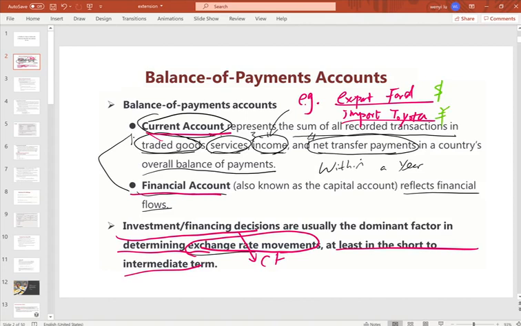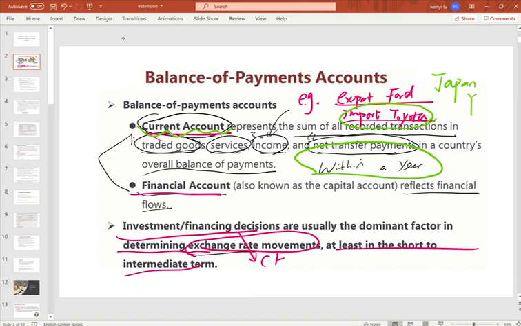So how can we settle these two transactions within a year? Be careful. When we export, we receive dollars, but these dollars we are holding in our current account. If we import, we pay the money out. Let me go into more detail. When you export Ford to Japan, for convenience, they will not pay you dollars directly.